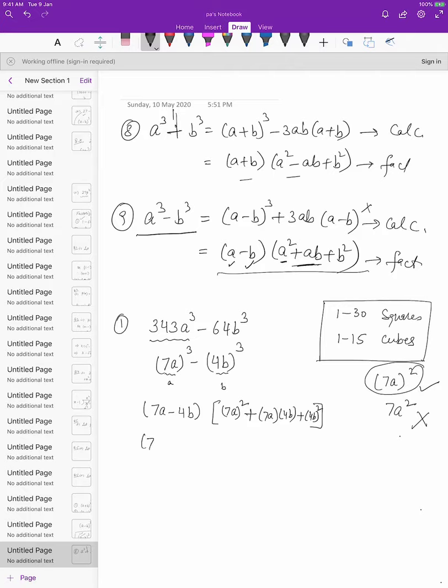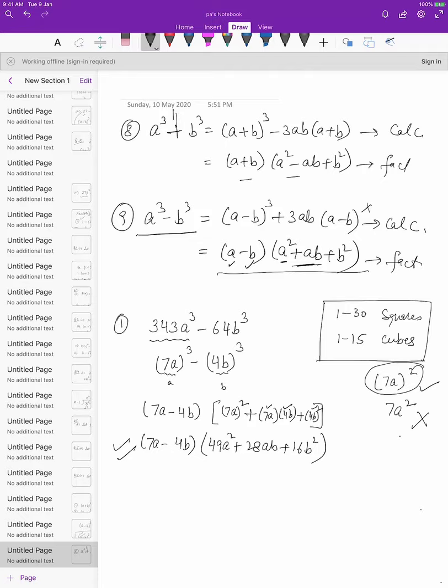I will just open the bracket. Here I will get 7a whole square will give you 49a square plus 7 into 4 is 28ab plus 4 square will be 16, so 16b square. So this is the factorization of 343a cube minus 64b cube.